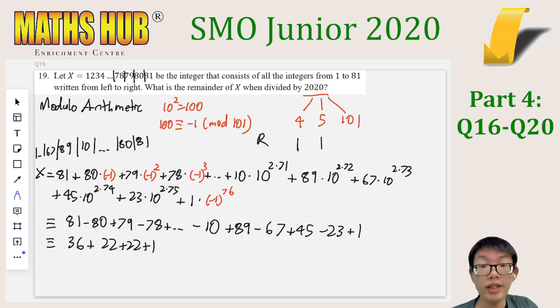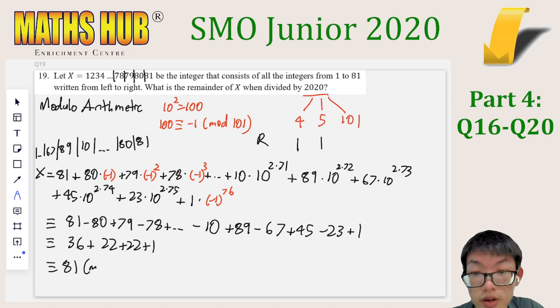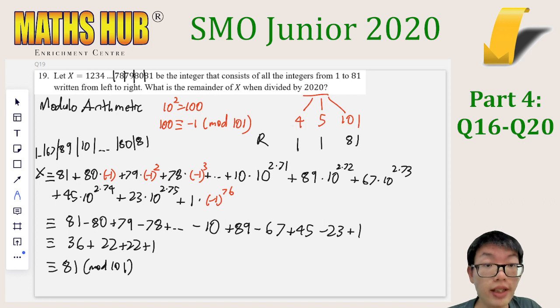Finally plus 1, and this is 81 modulo 101. Now since I overwrote some of the things I was writing, I should use congruent instead of equal. So 81 modulo 101, and this now comes back to our original problem.